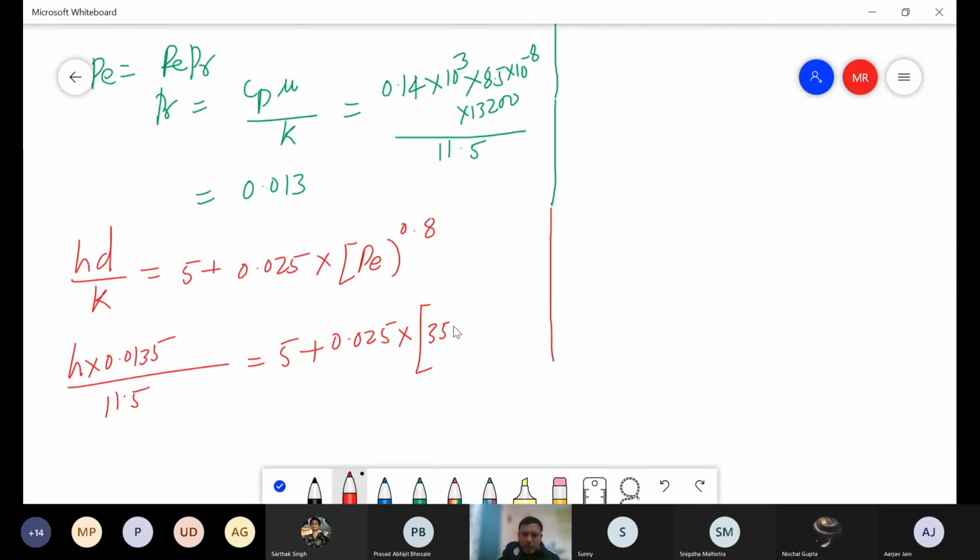35060 into 0.013 raised to the power 0.8. Calculate the value of h.